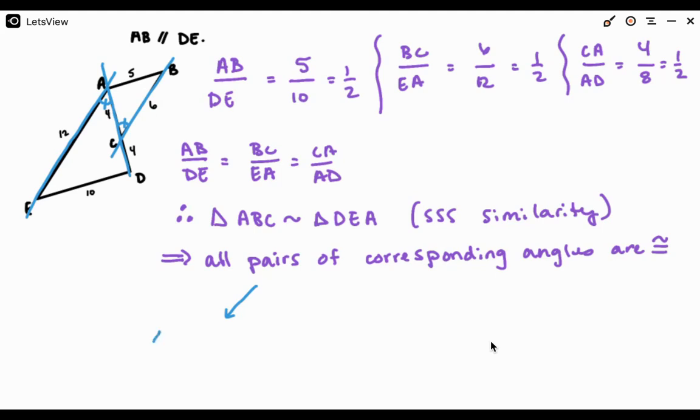So we know that angle EAC is congruent to angle BCA, because those are corresponding angles on similar triangles, right? That proves that EA is parallel to BC because alternate interior angles are congruent.